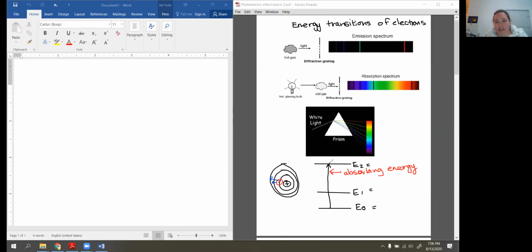So if this energy happens to correspond, I'm going to make up a number, maybe 3 times 10 to the minus 19 joules, then we can use the formula E = hf to work out exactly what frequency of light will be the photon energy that it will absorb to go from a lower energy to a higher energy. So that is an absorption.